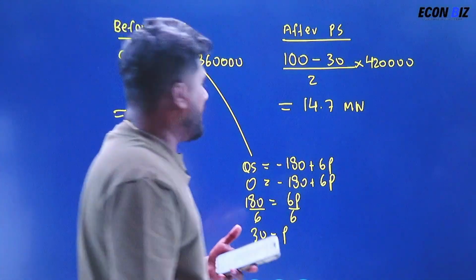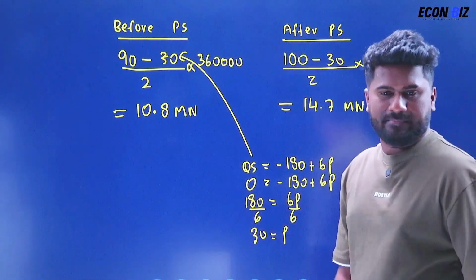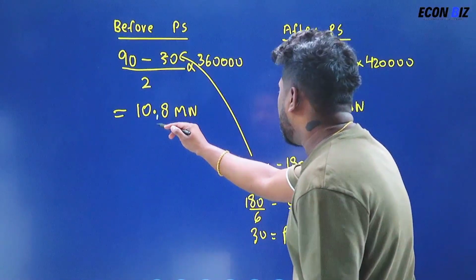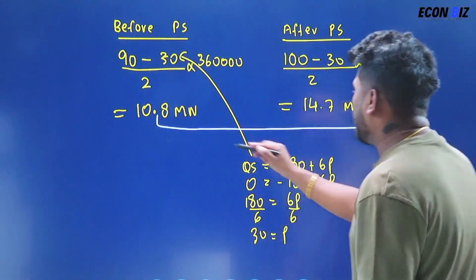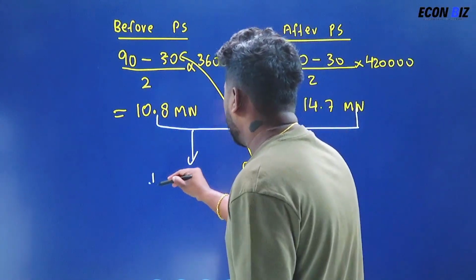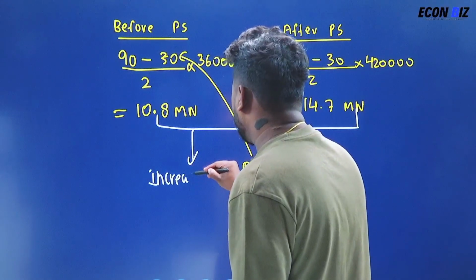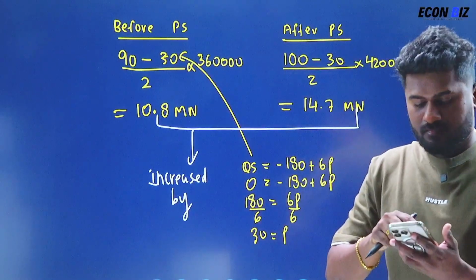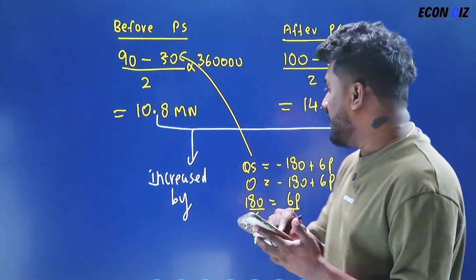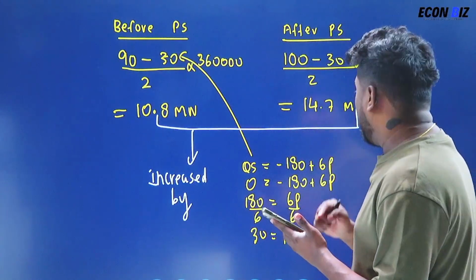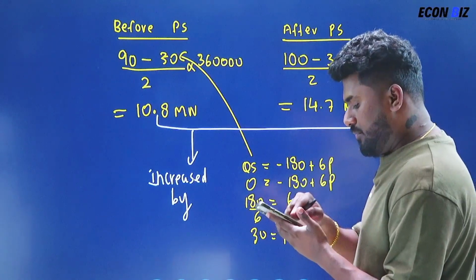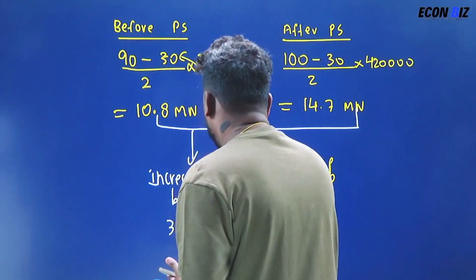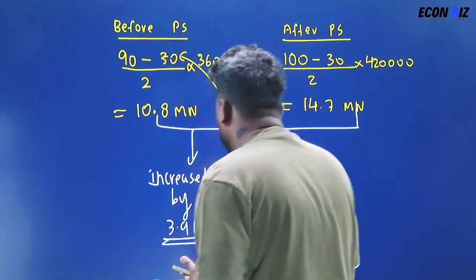Right? So they are asking to compare. Thereby you can clearly see that your producer surplus has been increased. By how much? 14.7 minus 10.8, 3.9 million producer surplus increase.